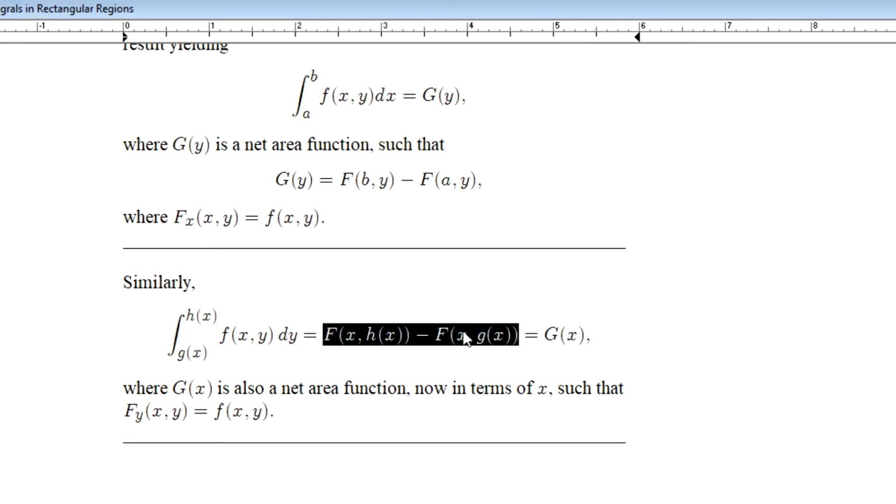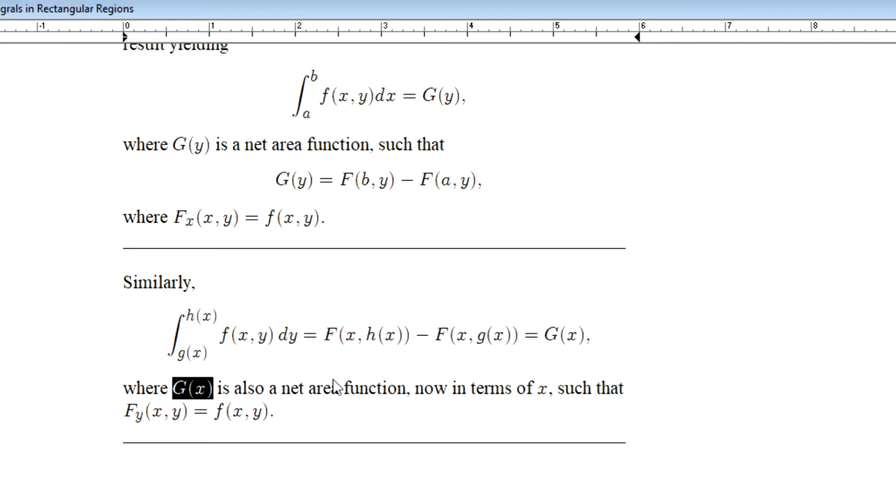Where does that function of x come about? It does come about from this difference, where again, big F in this case is the function whose first partial with respect to y gives us little f of x comma y. What big G of x describes is again another net area function.